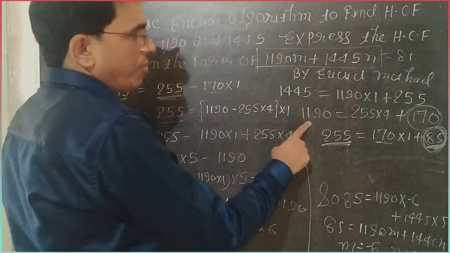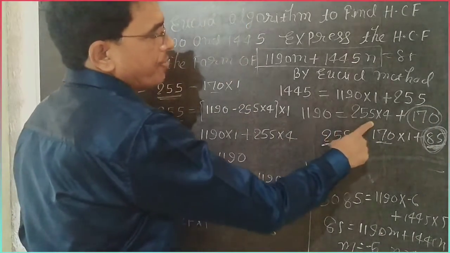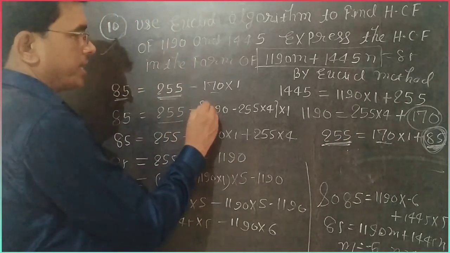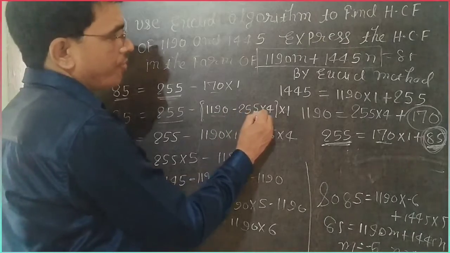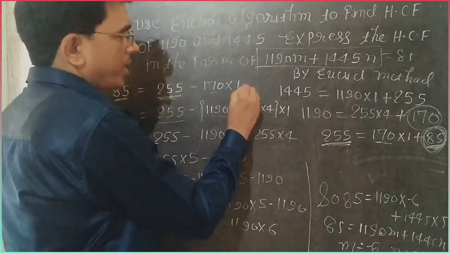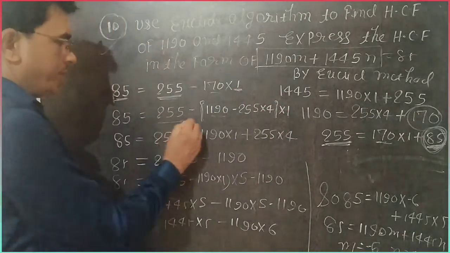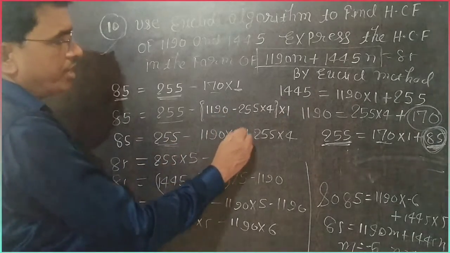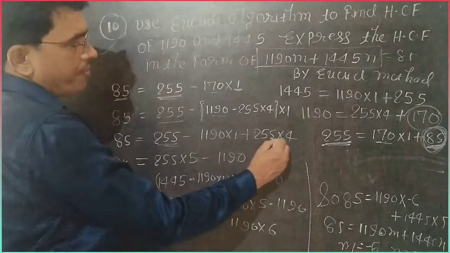It is 1190 minus 255 into 4. I write here 255 minus (1190 minus 255 into 4) into 1. Solve it. It is 255 minus 1190 into 1 plus 255 into 4.